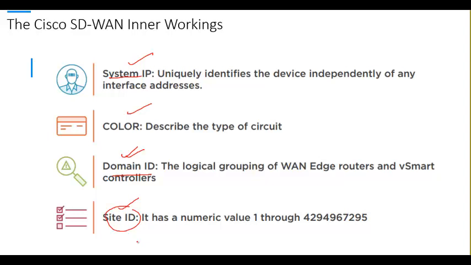Whereas site ID is only for one site. In one site, you may have multiple WAN edges for redundancy with VRRP. So you will not be willing to establish any tunnel because it is within the same site. So no T-log information is shared between the WAN edges that have the same site ID. No T-log, no BFD, no IPsec.